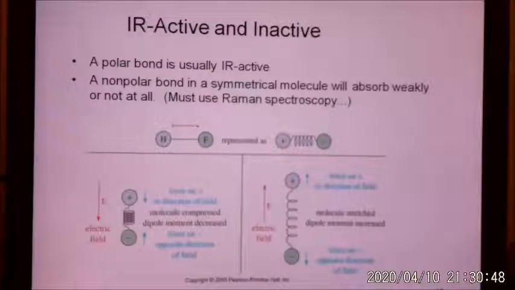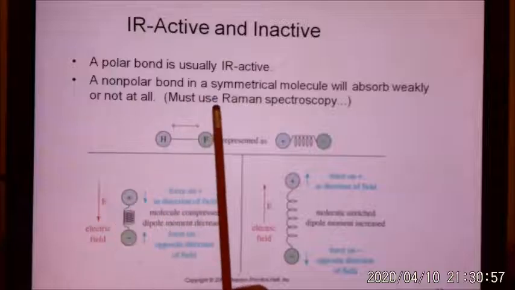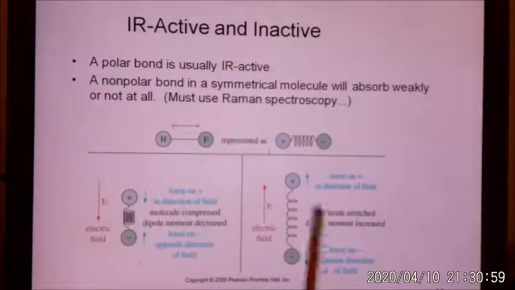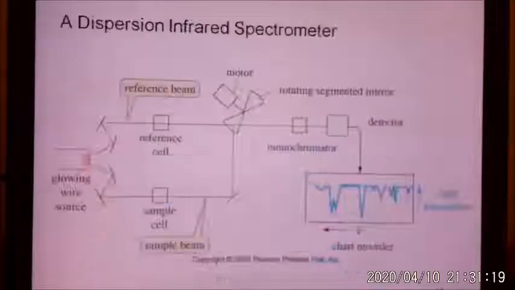You also need something polarizable, so you have to have some electron density. If it's a nonpolar bond and very symmetrical, you may not be able to see it at all, and you're going to have to use Raman spectroscopy or other types of spectroscopies to identify what you have. What we're really looking for is a change in our dipole moment as my bond is compressed and stretched.